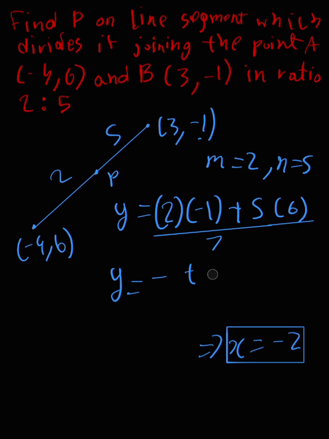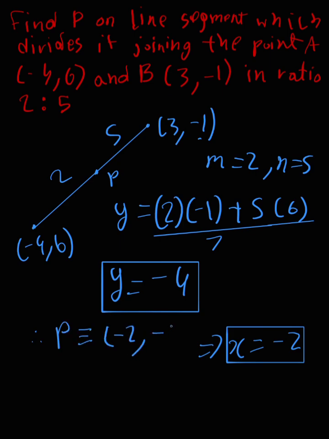Now isn't this just minus 4? So from here we can say that P's coordinates are minus 2 comma minus 4, and that's our answer. This symbol is for when you are writing coordinates. So this symbol just shows that. So this is our final answer.